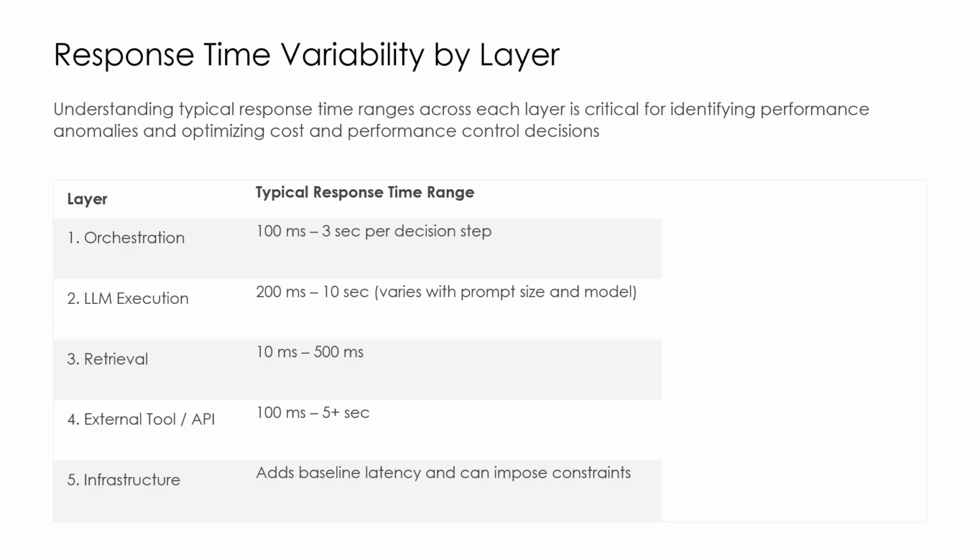So the agent's total response time is the sum of the response times of different components across layers. And the goal of governance is to ensure that the total agent response time is always below the business process service level goals.